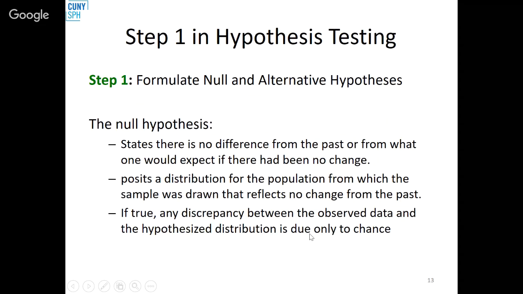So let's talk about them in a little more detail. Formulation of the null and alternative hypothesis. So the null hypothesis states that there's no difference from the past, or no difference from what one would expect from an ineffective intervention, a treatment that has no effect, or let's say a portion of the population that is exactly the same on average as the rest of the population.